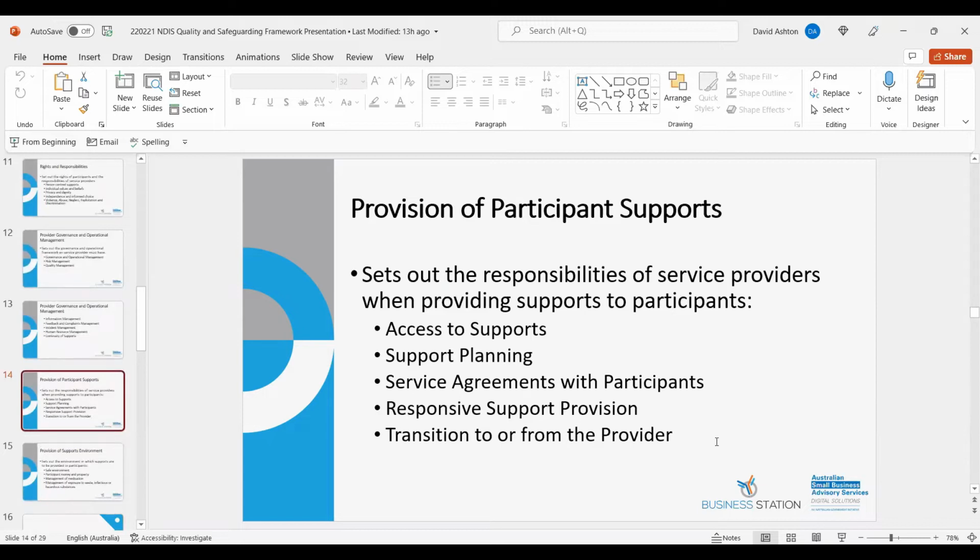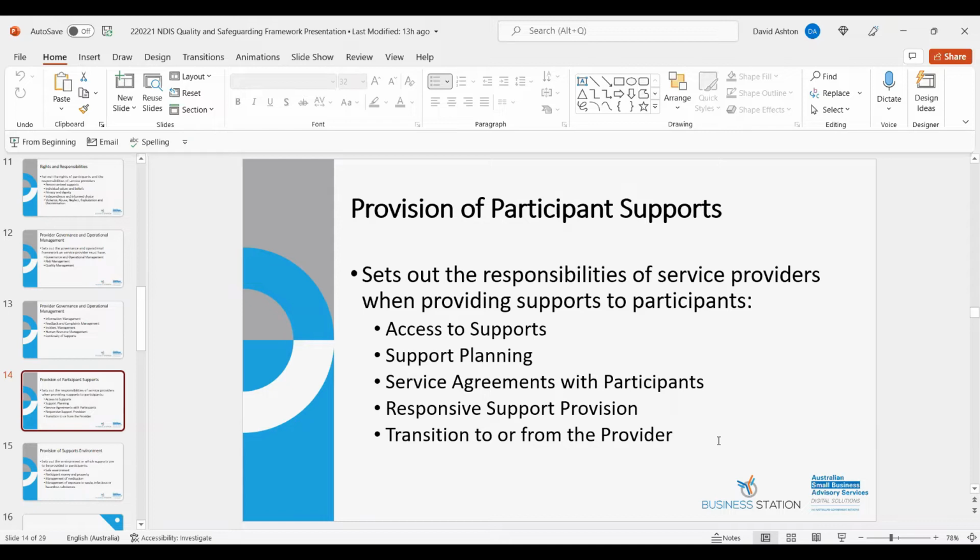So the other module is provision of participant support. So this is dealing with access to support. So each participant accesses the most appropriate supports that meet their needs, goals and preferences. So generally when a new client is engaged, you'd sit there and put together a support plan that outlines what they're wanting to achieve from engaging your services.